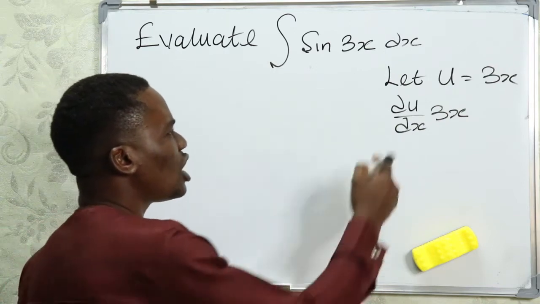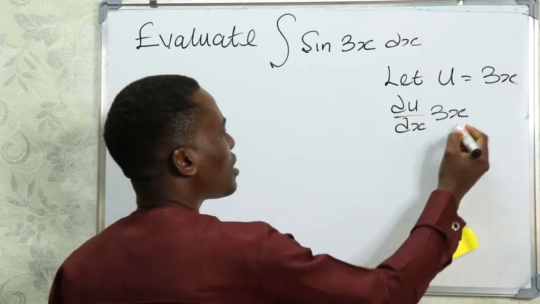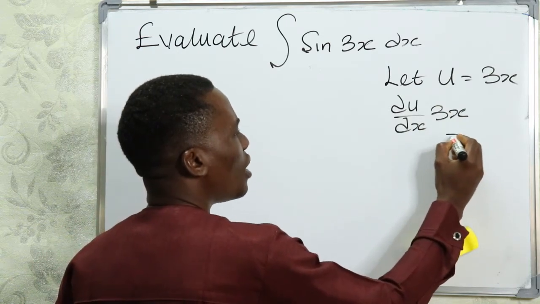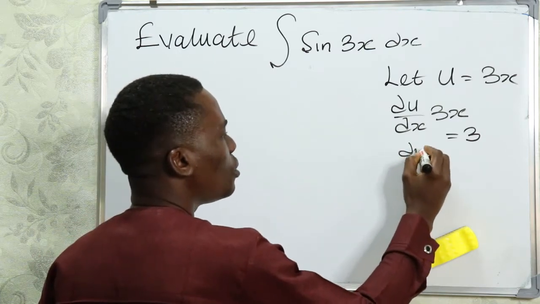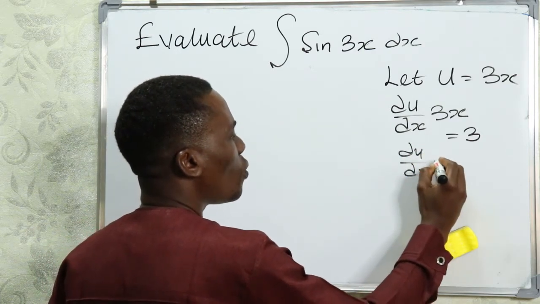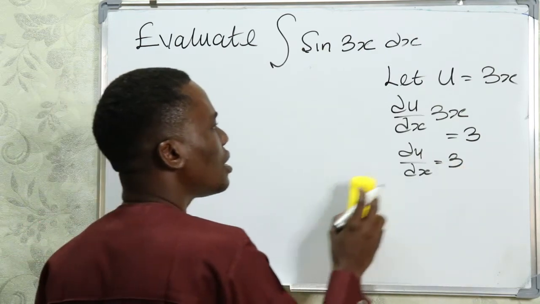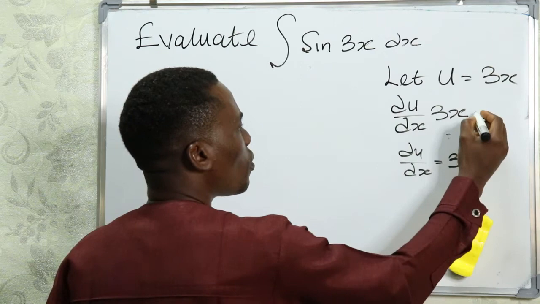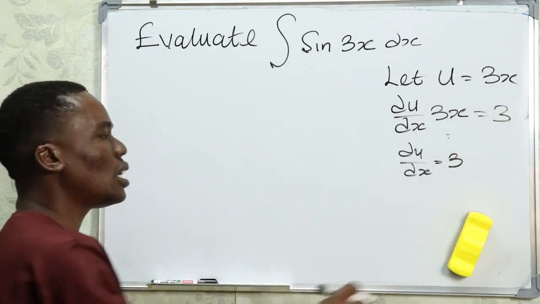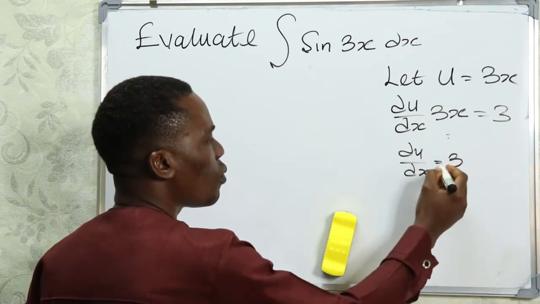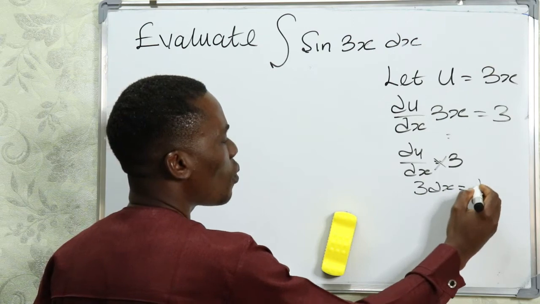Now if we differentiate this with respect to x, we are going to have our result to be what? To be 3. So that means our du dx will be equal to 3. If our du dx is equal to 3, that means if we cross multiply, we are going to have 3 dx equal to du.